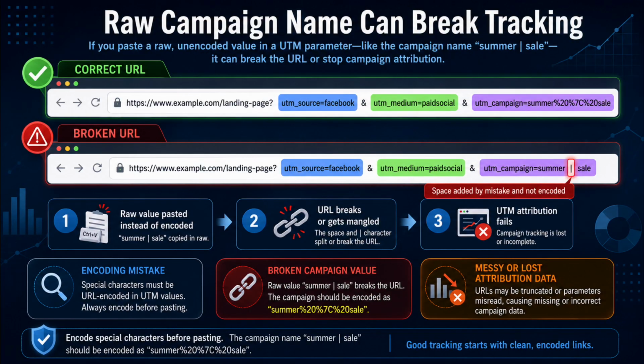Something as small as a typo, an extra space, or a broken parameter can completely change the UTM's interpretation in these tools. For example, if someone accidentally adds a space in a parameter value, the rest of the URL can get stripped if it's not decoded properly. Therefore, UTMs stop working for that campaign.